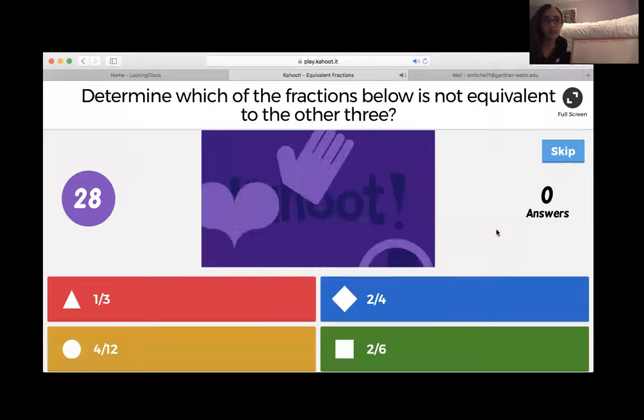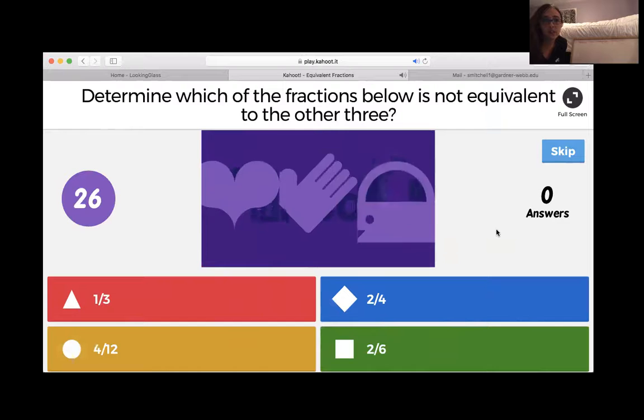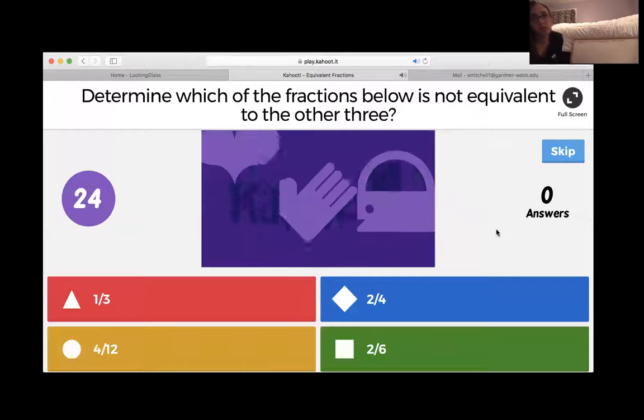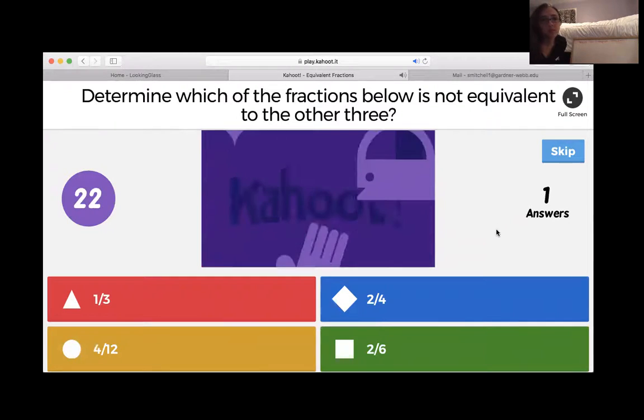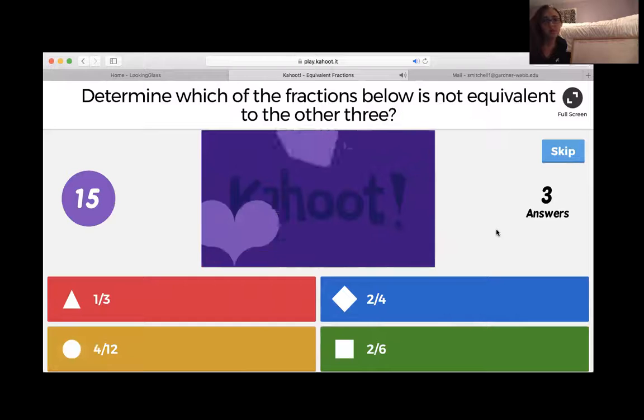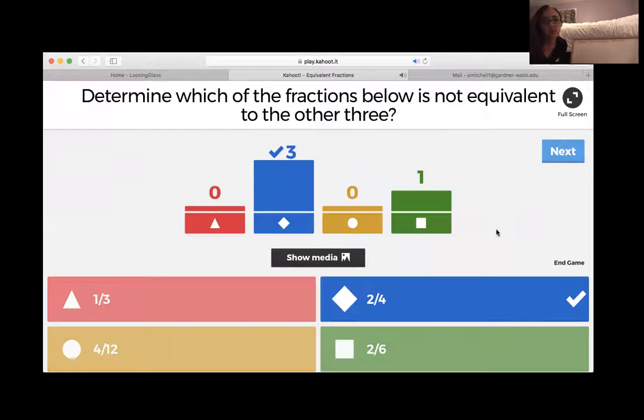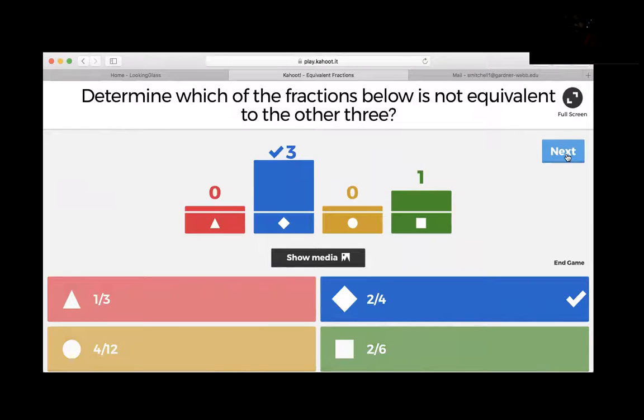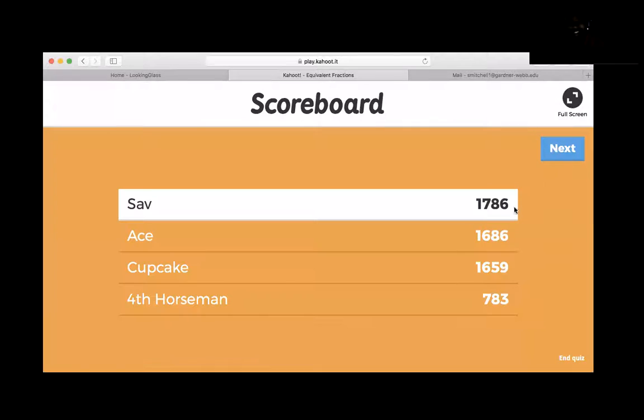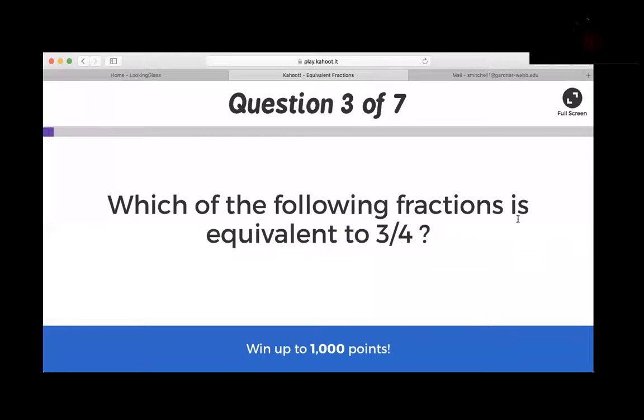This is the one that's not correct, not equivalent. That one's kind of tricky.